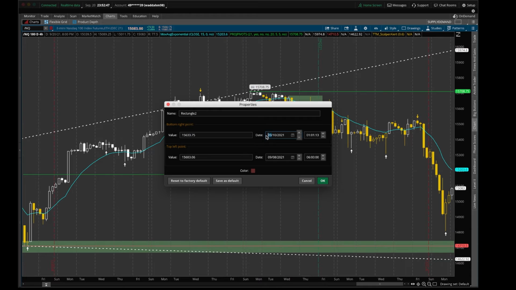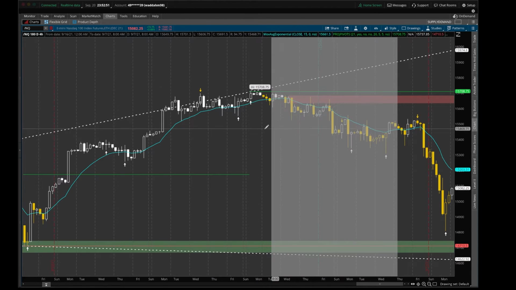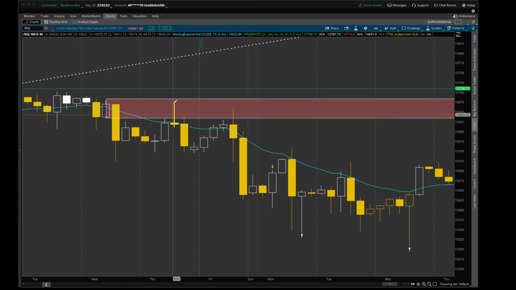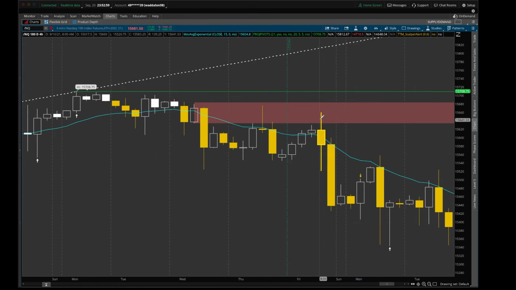Change the transparency so we can see, and we came back, retested that supply zone, orders got filled to the downside by big money, and another second time before we got to see some new lows or support breaks.